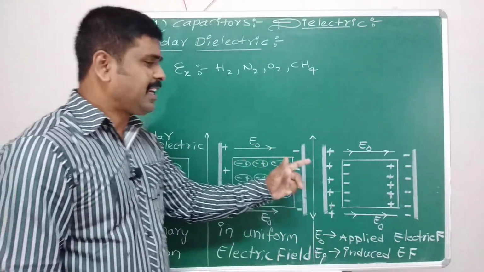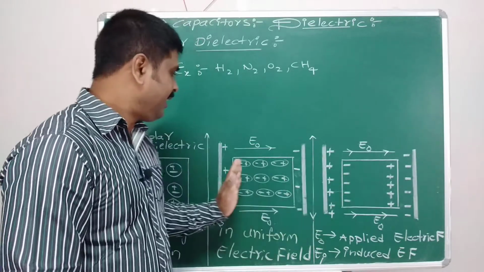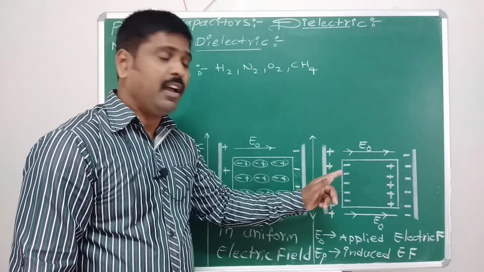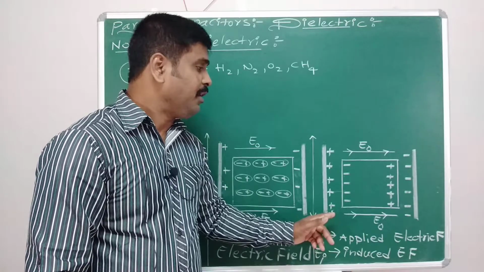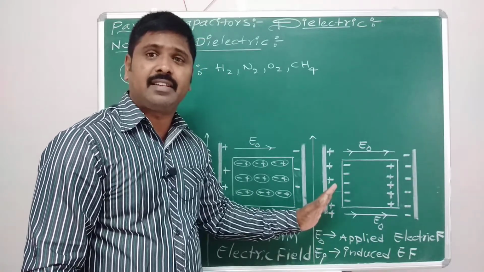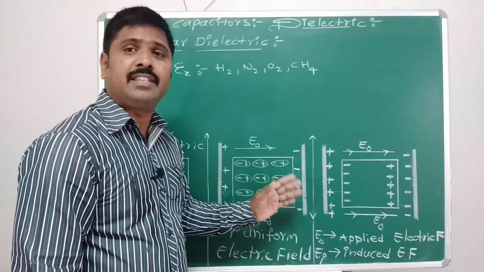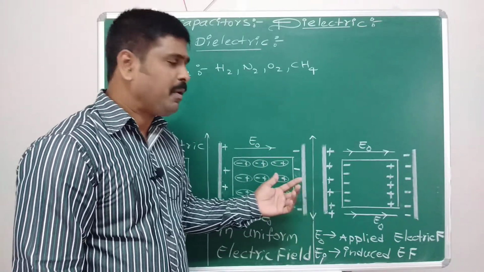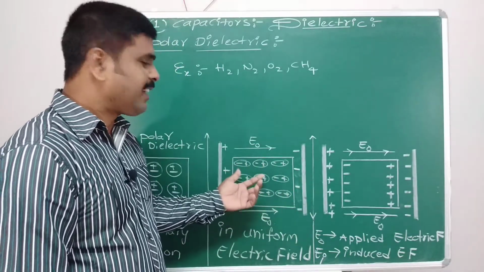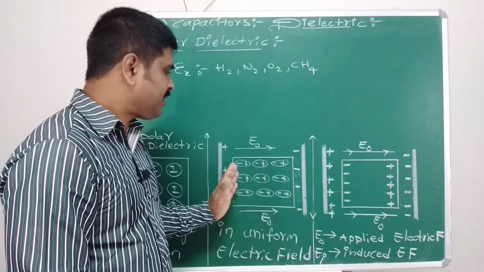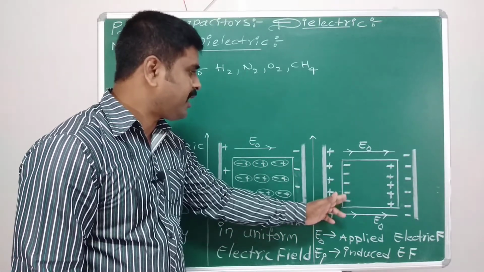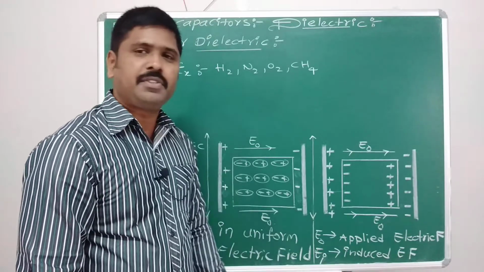Then the electric field is increasing. Now we have an external uniform electric field, so positive charge and negative charge are separated in the molecules of the non-polar dielectric substance.